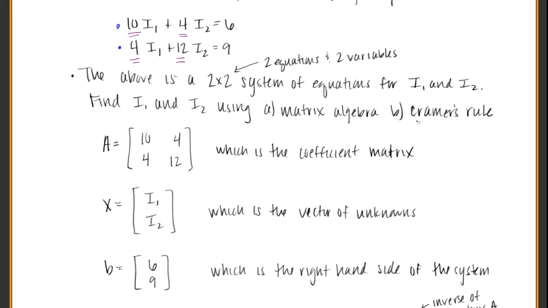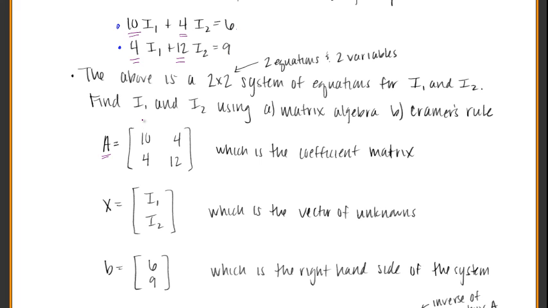Well, the whole goal with the matrix, the key is taking your system of equations and only focusing on the numerical coefficients of it. So the numbers in front of the variables. Okay? We call matrix A the coefficient matrix, because it pulls off just the numbers, the 10, 4, 4, and 12, as y'all can see right there.